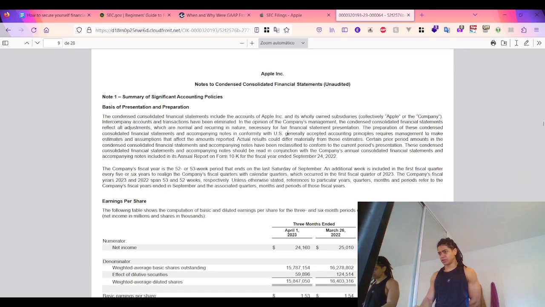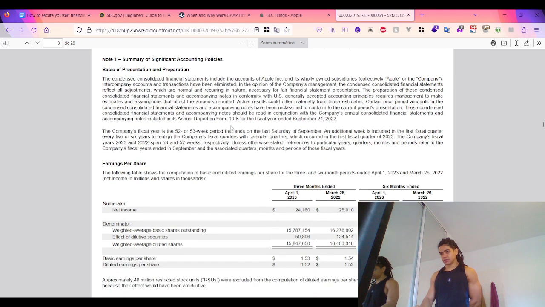Notes to condensed consolidated financial statements, unaudited. Basis of presentation and preparation.